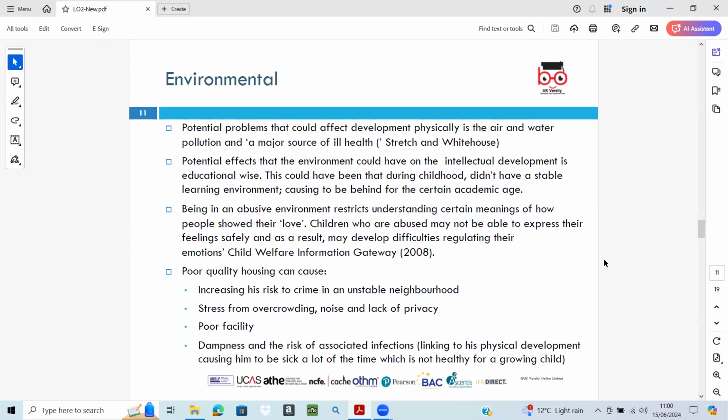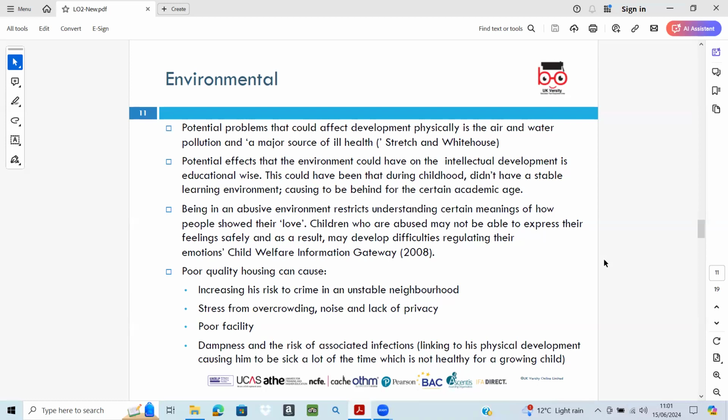It affects the physical health and intellectual development as well. For example, imagine a child growing up in an area with high pollution levels. They may face respiratory problems, allergies, and other health issues affecting their physical development and ability to engage in physical activities and social interactions.